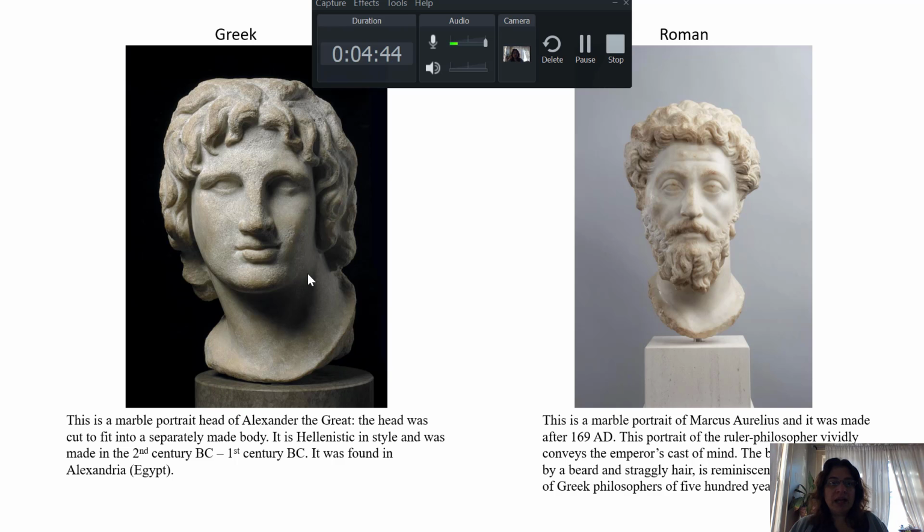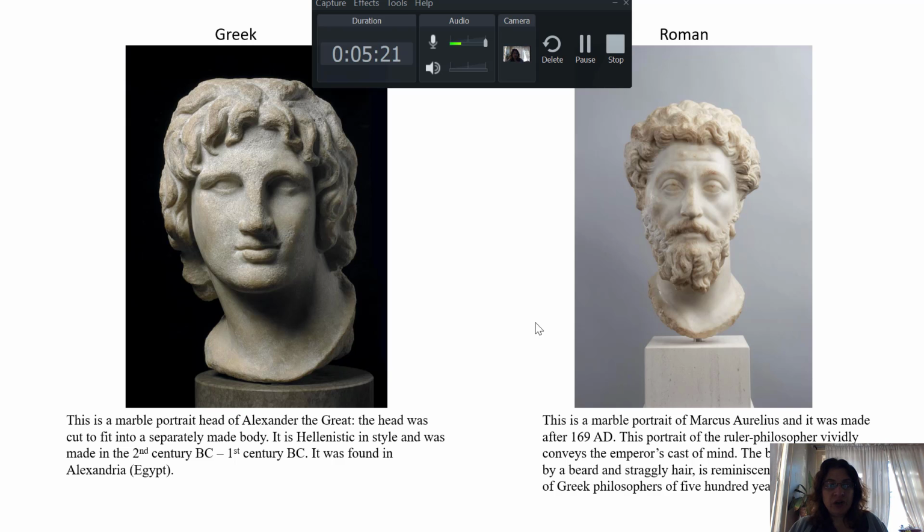So we can assume that Alexander did look something like this, because this is the time period when the Greeks are making people to look very realistic, where the same holds true here. We know that the Romans liked that the Greeks made their portraits to be very realistic, and they copied that style. So maybe Alexander was looking this young when he conquered Egypt. I'm not sure, but to me he looks quite young here.